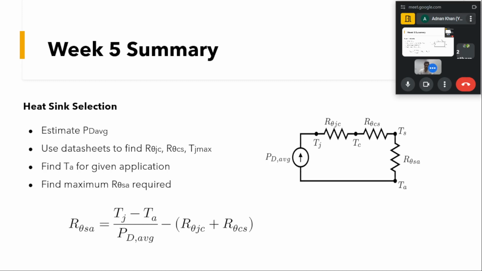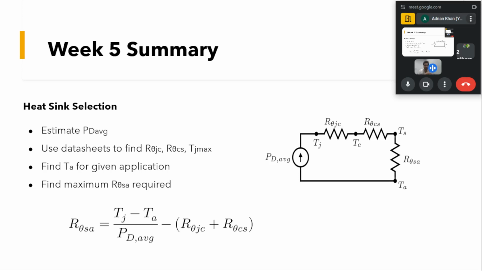And also we have to find the TA, the ambient temperature for a particular application: what is the maximum ambient temperature we can go up to, what we want to limit it to, if our converter is in a case.